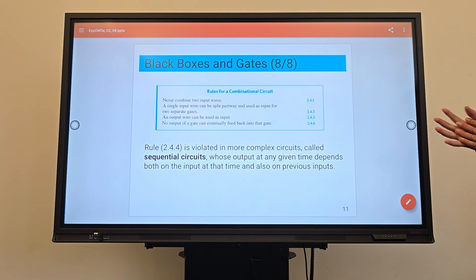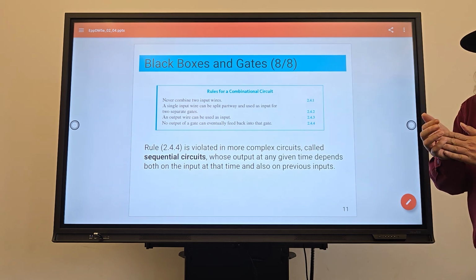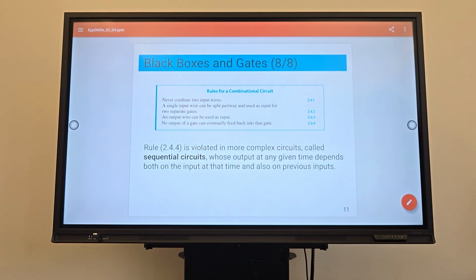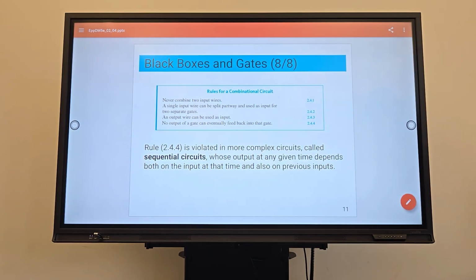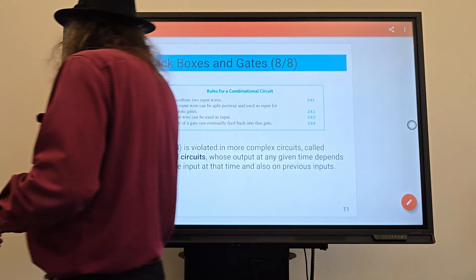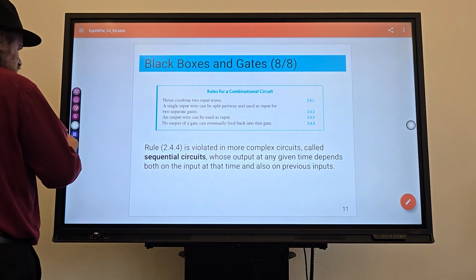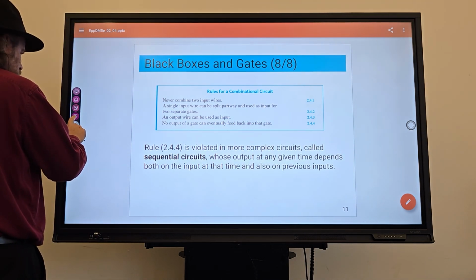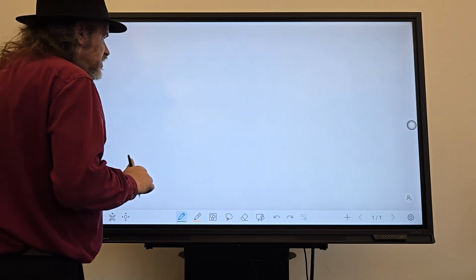Rules for combinational circuits. Never combine 2 input wires. I'm just going to give an example here.